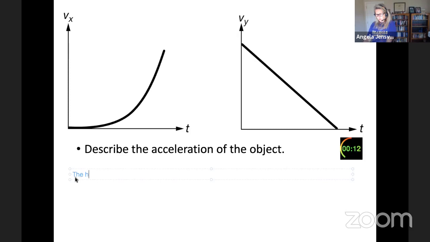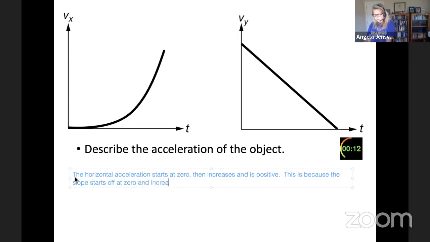The horizontal acceleration starts at 0, then increases and is positive. It's not an English test, so this is because the slope starts off at 0 and increases.